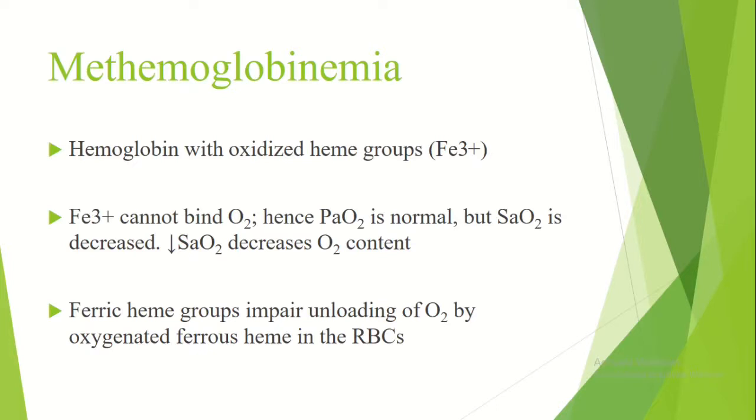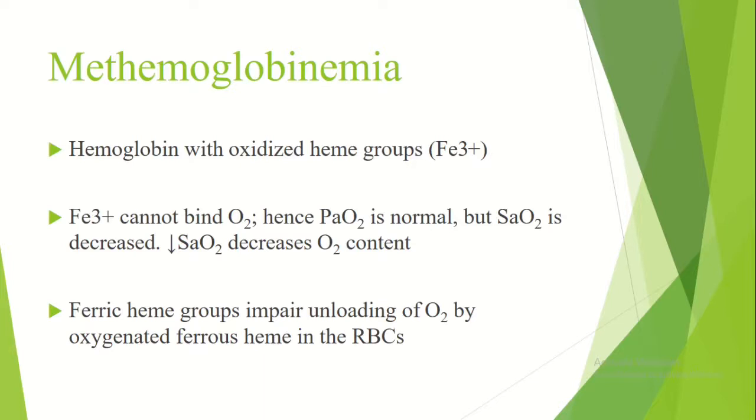So the ferric ion is the Fe+3, and Fe+2 binds O2, but Fe+3 cannot bind oxygen, and as a consequence the oxygen saturation is going to be decreased despite the normal partial pressure of oxygen in the arterioles. And as the oxygen saturation decreases, the oxygen content is going to be decreased.